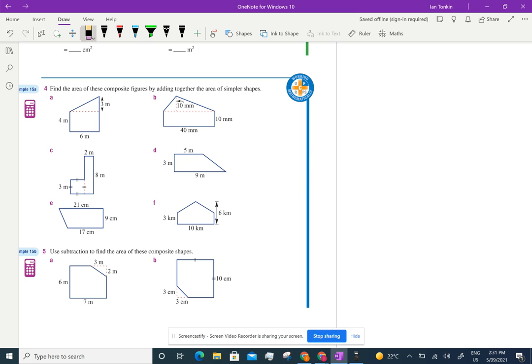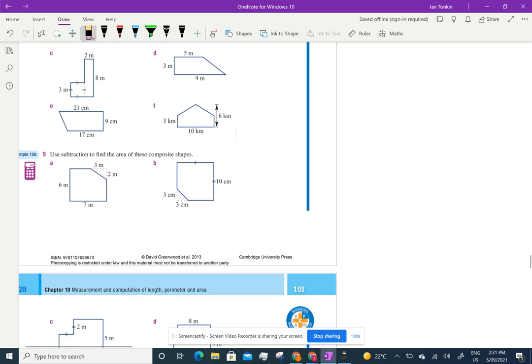So find the area of the square, find the area of the rectangle, add them together. In some of the other ones, it's not as explicit. You're going to have to work out what one's there. So in this one here, if I draw a line down there, I get a rectangle here and a triangle here. So I find the areas of both those and add them together.